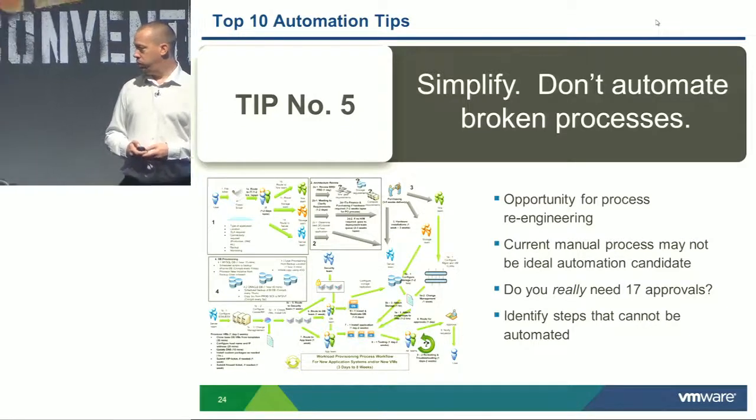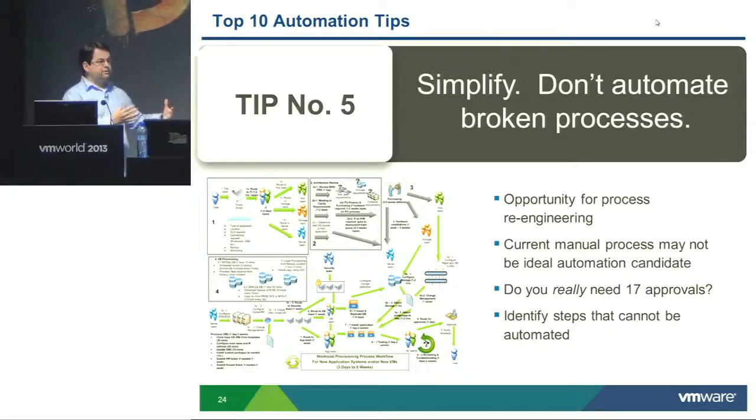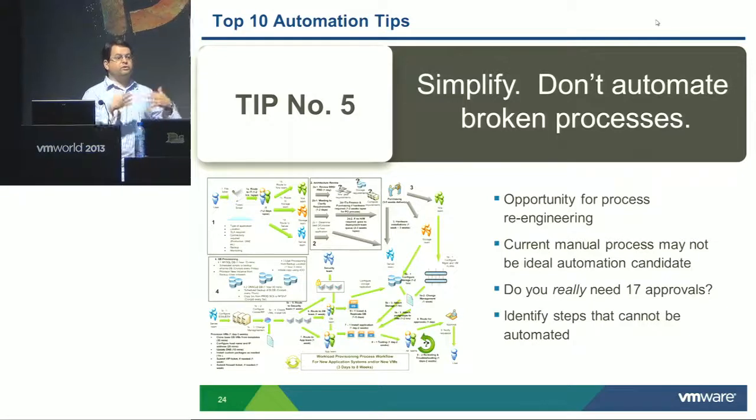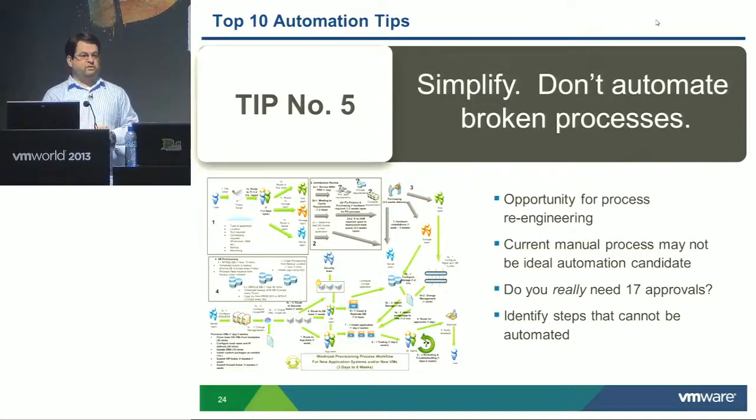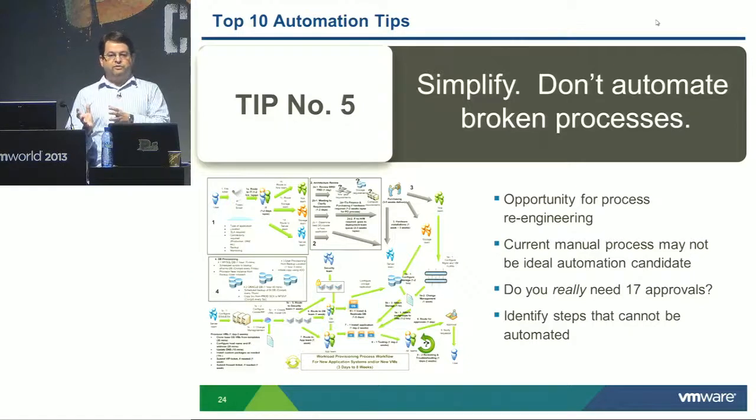And I think one way to think about it also is, traditionally, to prevent overconsumption of resources, companies set up so many different approval steps. But there's new ways to think about it. Instead of having all those approval layers, use entitlement policies, use reservation policies. What we mean by that is provide different types of services and reserve certain capacity and offer that to different business units, and then let them consume as much as they want within those constraints.